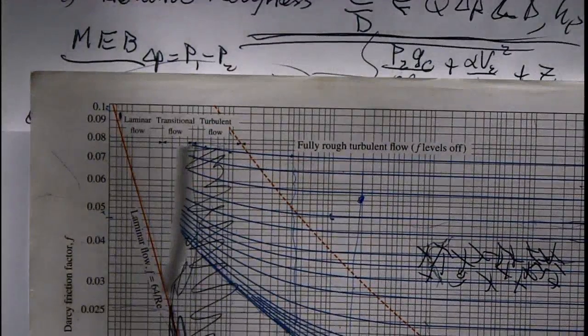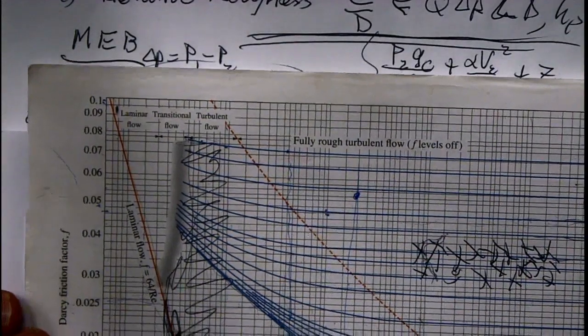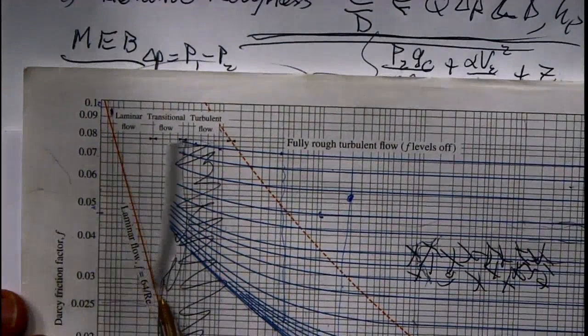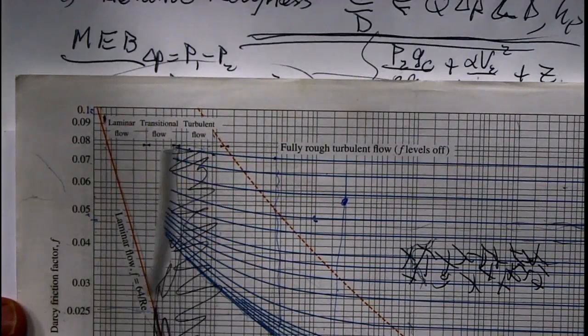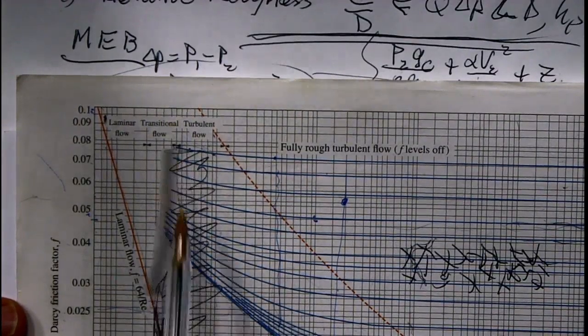So here's the famous Moody diagram, right? You should recognize that. You have the laminar regime, which actually has 64 over the Reynolds number. Then you have the transition regime sitting here, which is basically the unknown regime.